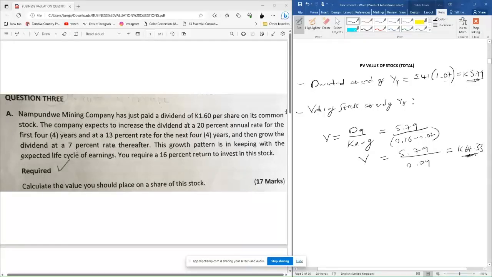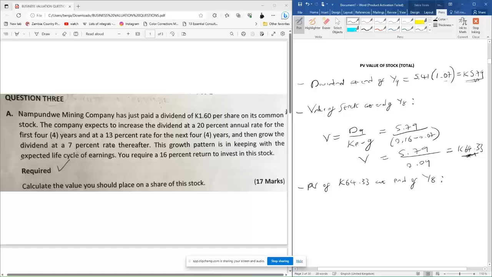So let's do that. We're going to have PV, present value, of 64 kwacha 33 ngwe at end of year 8, right?